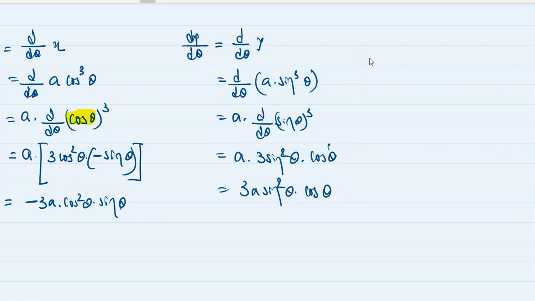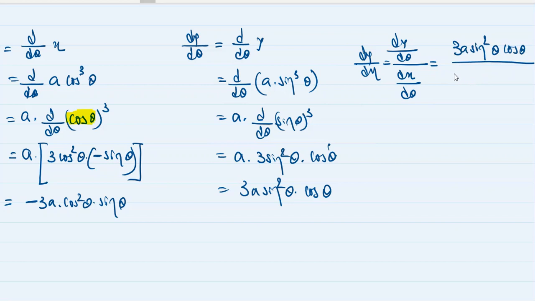So we get dy by dx as dy by d theta upon dx by d theta. Dy by d theta is 3a sine square theta cos theta, the whole upon dx by d theta, which is minus 3a cos square theta into sine theta.